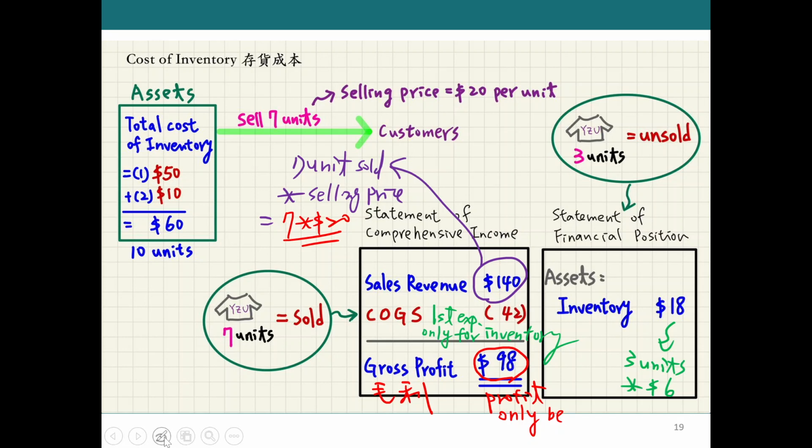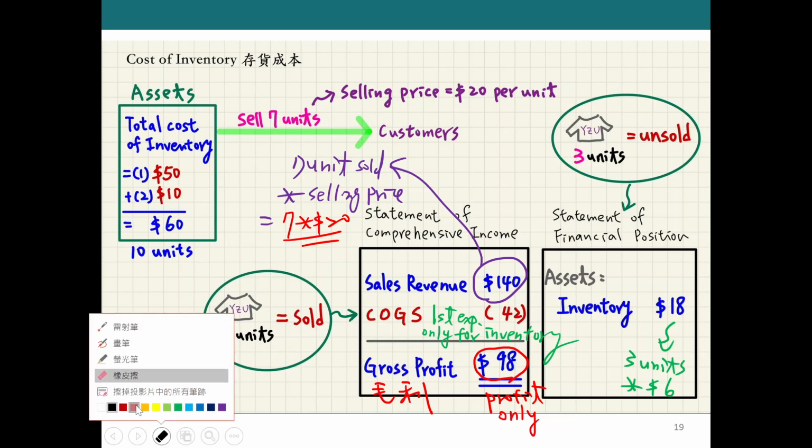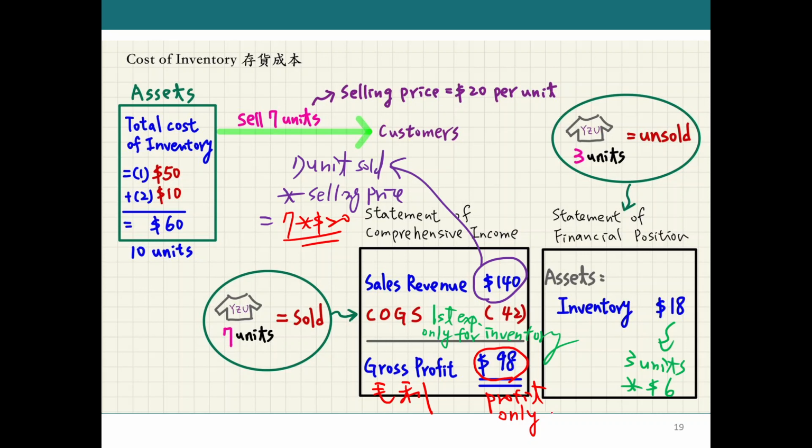Only consider inventory. We don't consider other reasons. Only focus on inventory. The inventory could help you make the profit of $98. So that's gross profit.